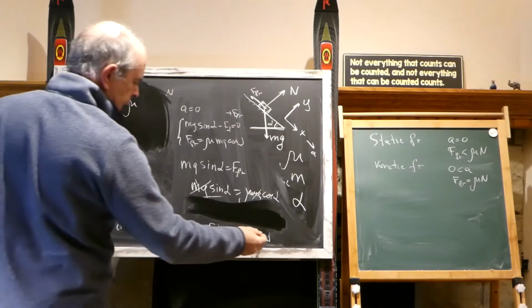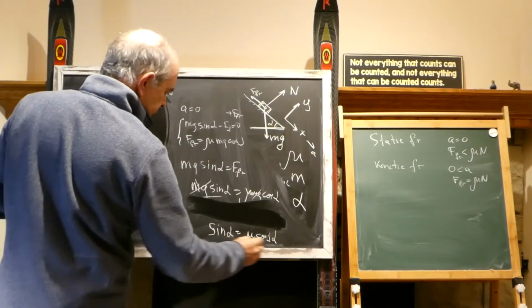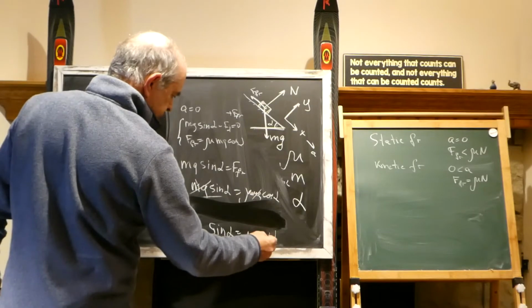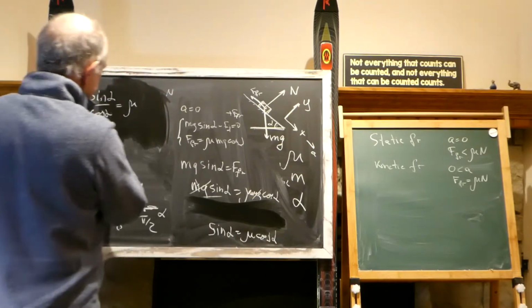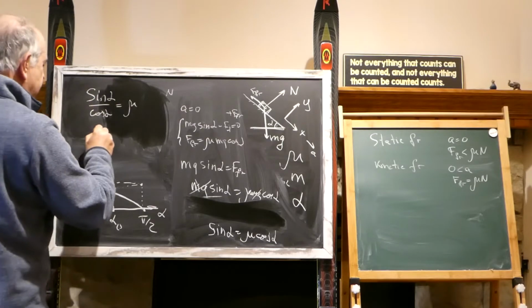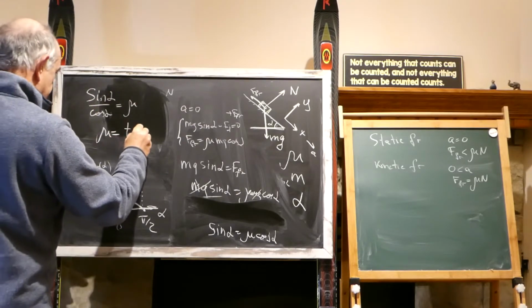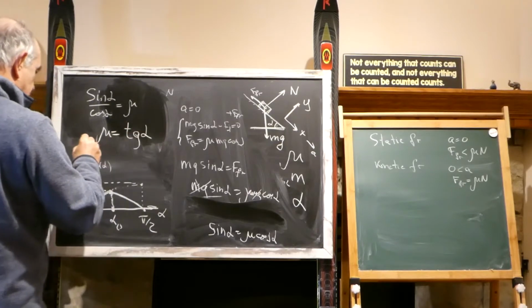And how did I get it? I divided both sides of the equation by cosine alpha. Dividing by cosine alpha, this will be gone here, and this will not be gone here. So sine alpha over cosine alpha equals mu, and I write it as mu first, and sine over cosine is tangent.